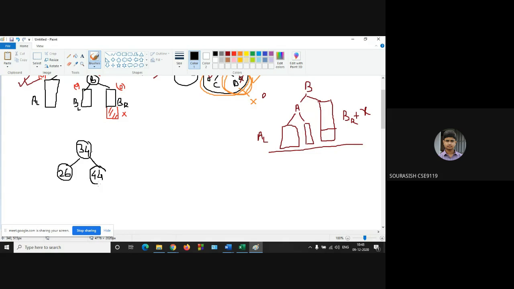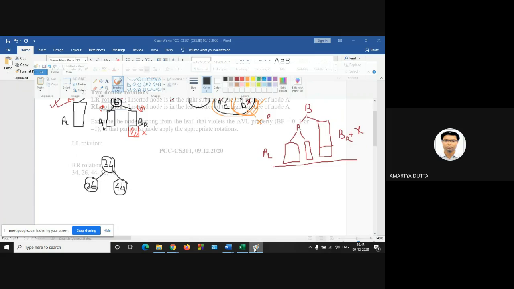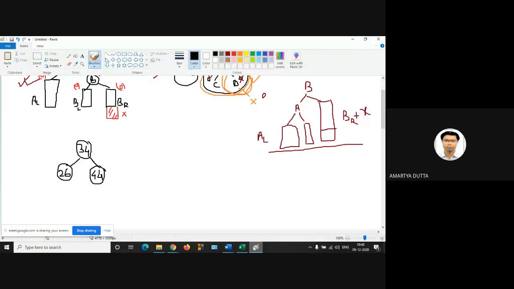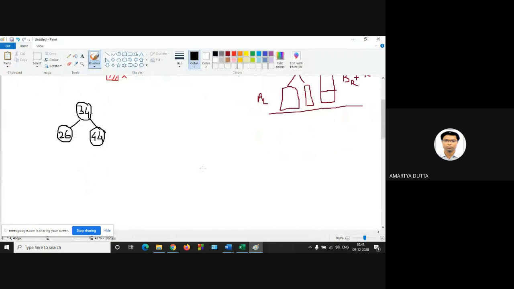So it is balanced. Next one is 56. 56 is the right child of 44, because you have to check whether 56 is greater than 34 and 44. Yes. So 56 is inserted as the right child of 44.